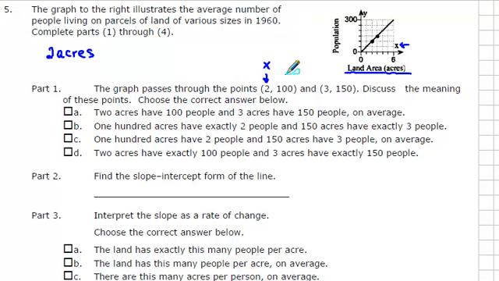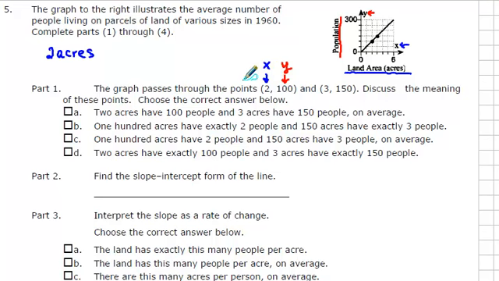The second coordinate of the point is 100. This second number, 100, is a y value, and we notice that the y values are along our vertical axis, and the scale tells us that the y values represent the population, and the population is measured in people.